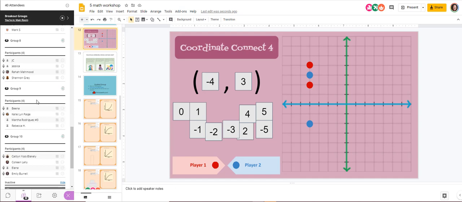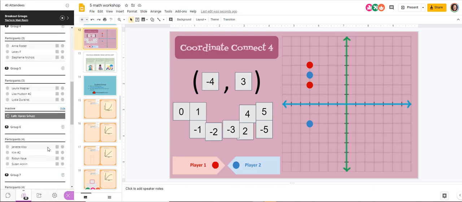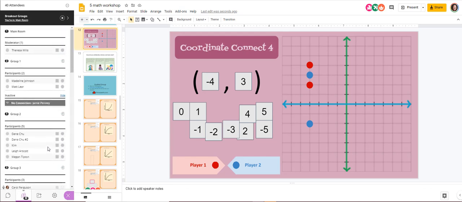So I come down occasionally and do a check-in there to see if I need to check in with some of these groups. In Collaborate, I can see here that this person's talking, so that influences which group I go into and how I talk to that group. But if I ever see a group with all mics off, I usually go in there and try to figure out why. Sometimes they're watching a video, but other times they have disengaged and I need to go in there and check in.